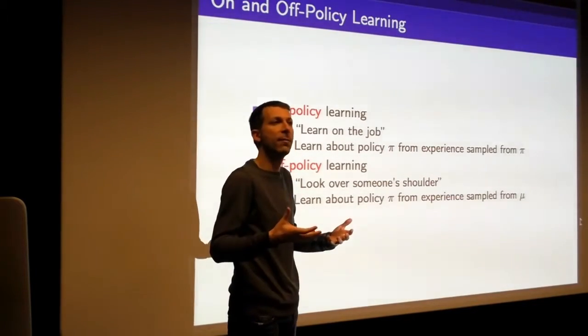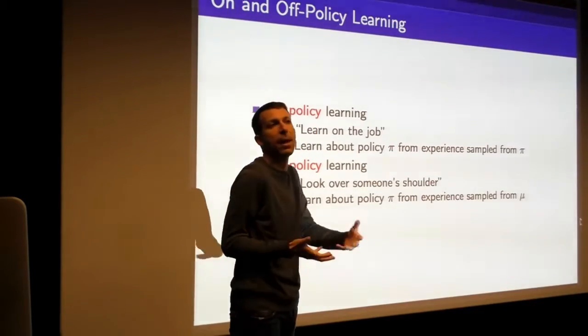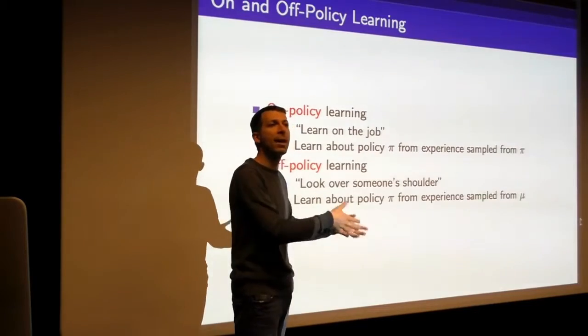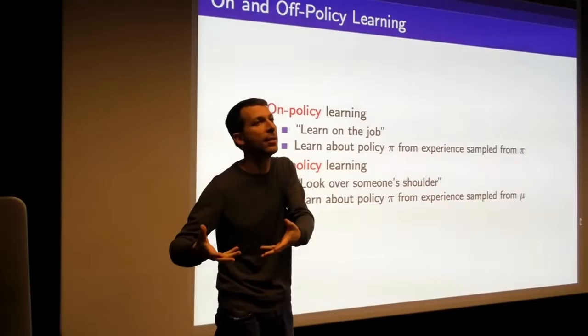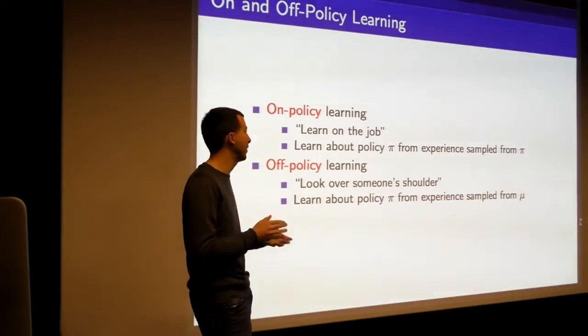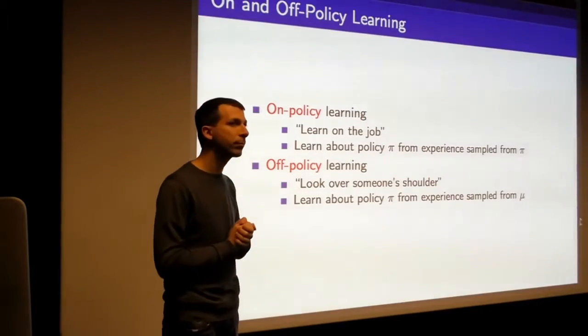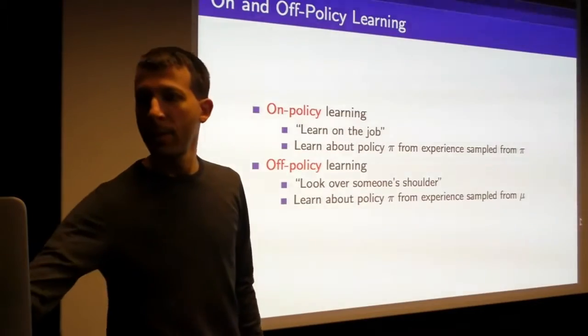The robot could start to learn for itself, well, what would happen if I did something else? Maybe there's some better behavior, and the robot can learn about that better behavior from samples of experience drawn from, say, the human behavior. You don't have to learn about the behavior that you sample. You can learn about other behavior. That's called off-policy learning.